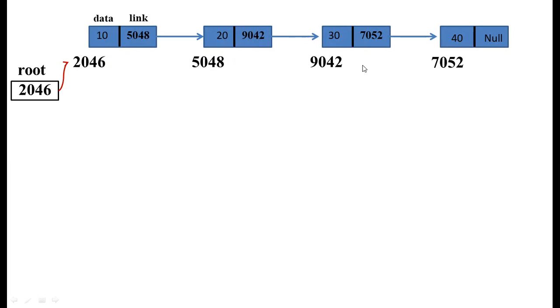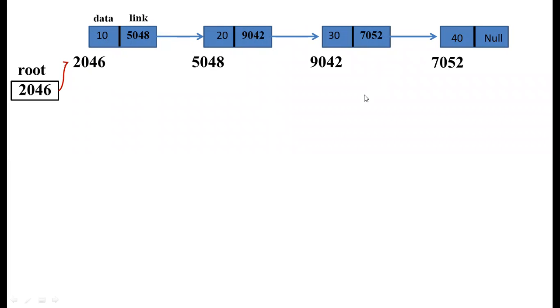Here, suppose that the root element is pointing to the first location at address 2046, and some of the nodes are already connected like this. Now we are inserting one more element. Suppose that the node is already ready.